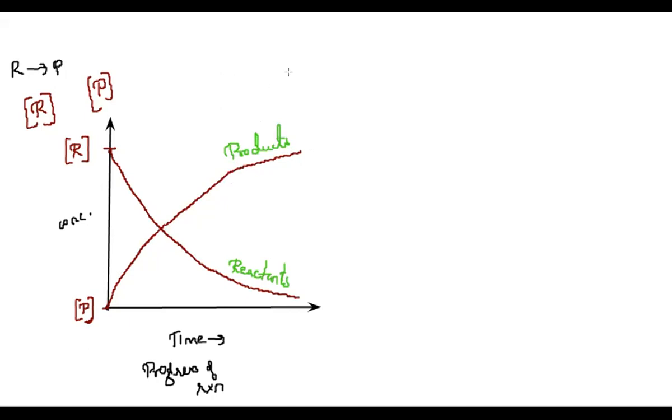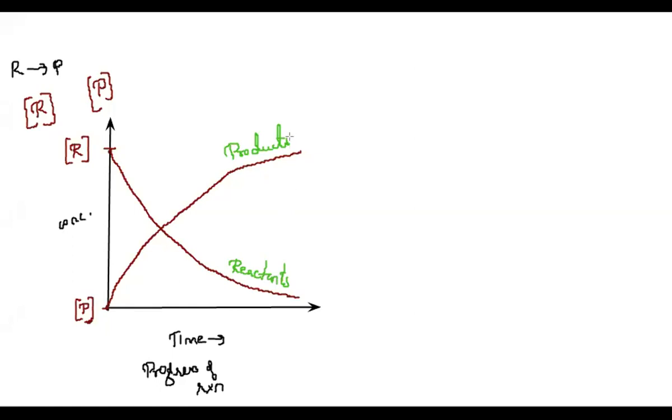So here what happens? Can you make this distinction here? If you go on enlarging it, we can see this point. I'll indicate it with a different color.